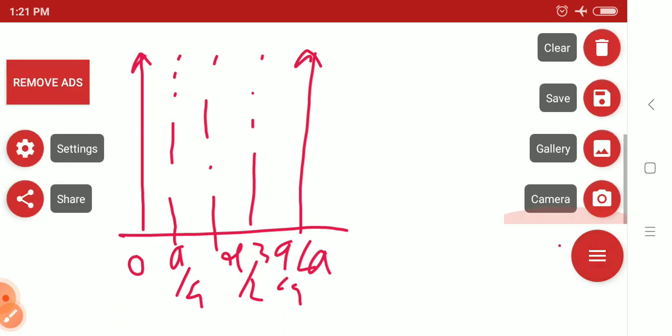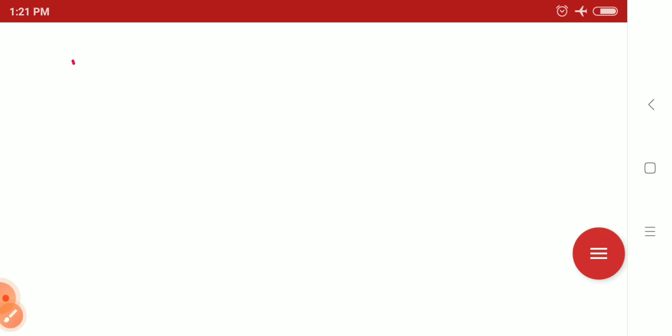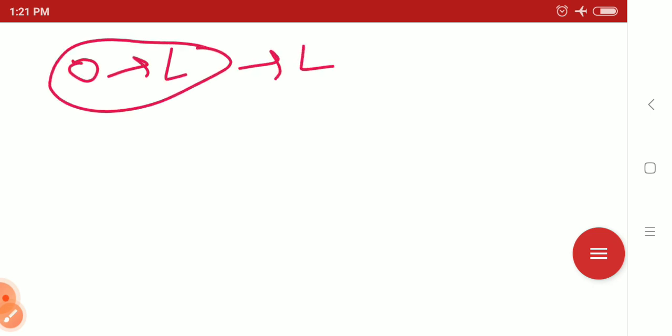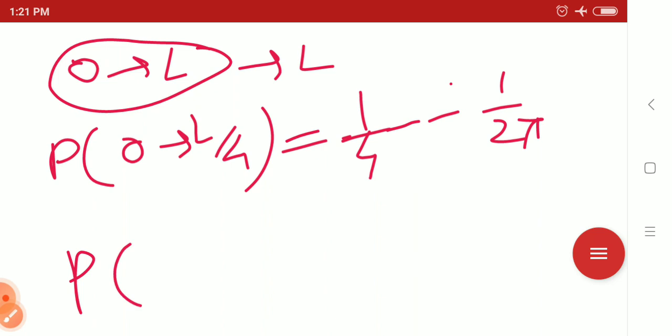Suppose you are obtaining the probability in a 1D box of length 0 to L. What is the probability for 0 to L by 4? The probability will be 1 by 4 minus 1 by 2 pi. What is the probability within L by 4 to L by 2?